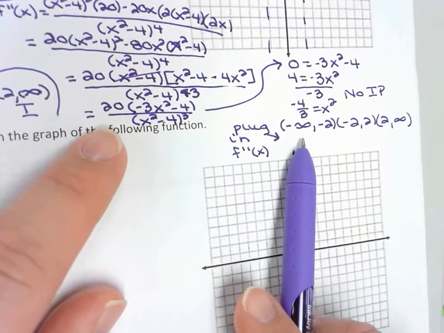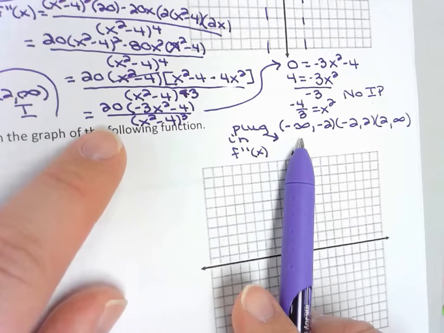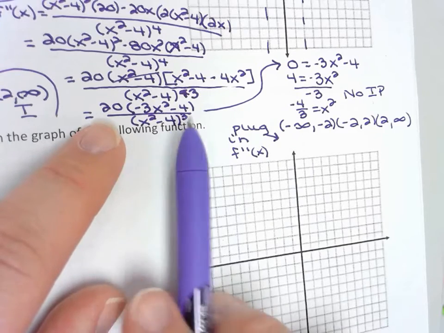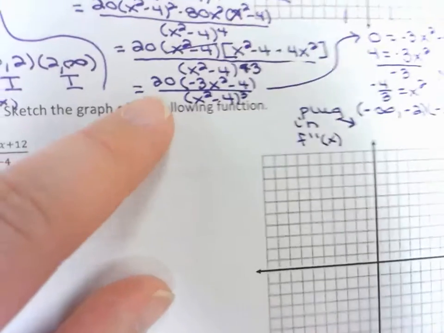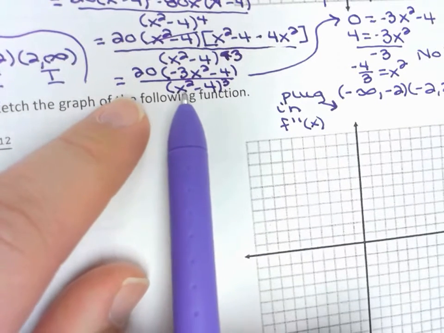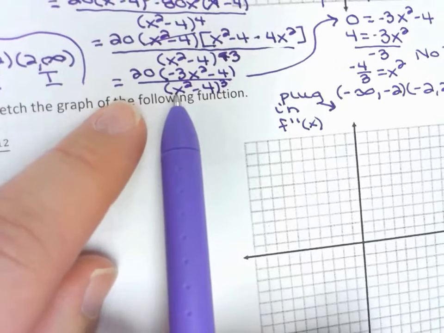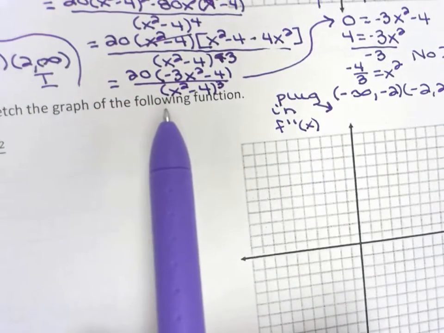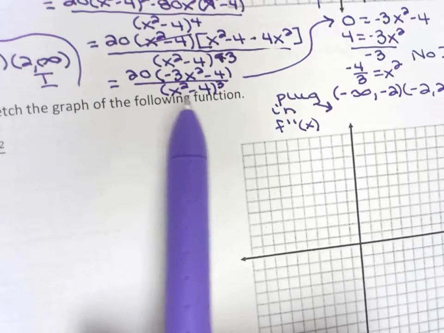If I plug in a negative 3, I'm always going to get a what in the denominator? Because I'm going to square, not necessarily because I'm cubing something. Well, I could technically square and get back something smaller, so I could still get a negative, but usually not.